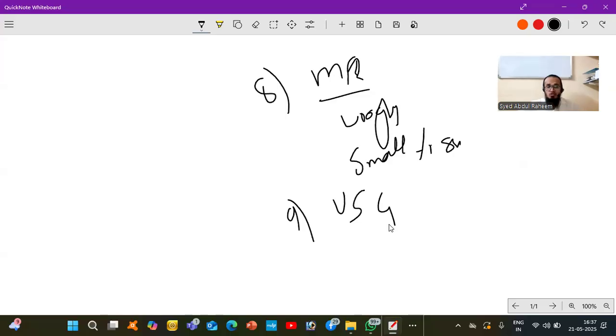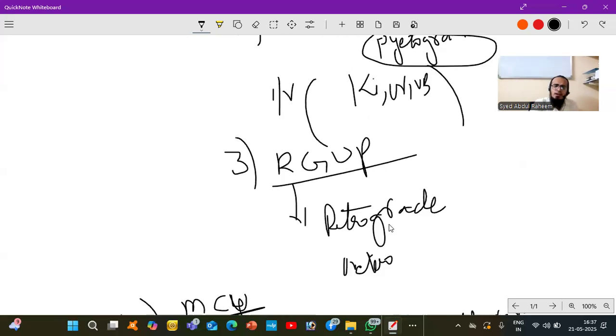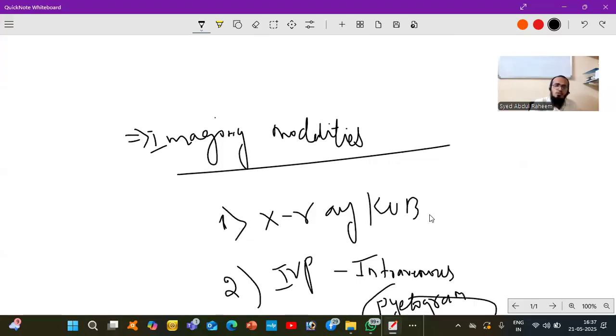But if you want to see the actual size and actual place, CT abdomen or NCCT is more preferable than USG. So these are the different types of scans advisable, and the urologist also advises these scans.